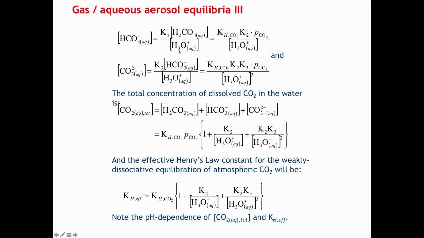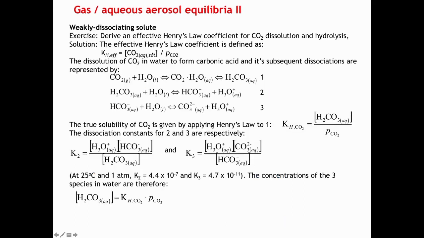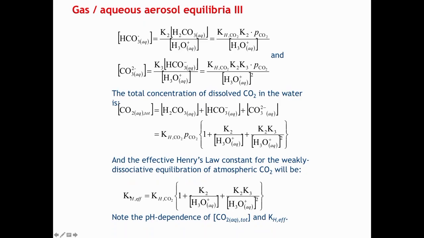You're just summing each of these expressions, plus this plus this, and taking this outside the brackets, you come up with this expression. And you see that it's pH dependent. So the solubility of carbon dioxide is pH dependent.